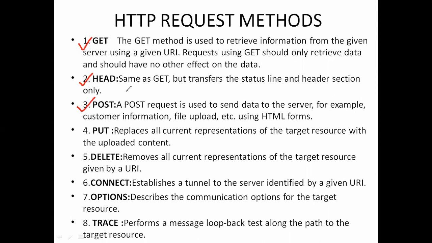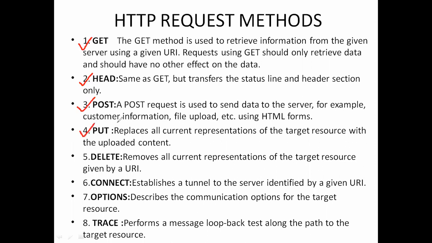The third method is POST. It is used to post a message to the server. For example, if you want to upload customer information to the server, we can send the request by using the POST method.